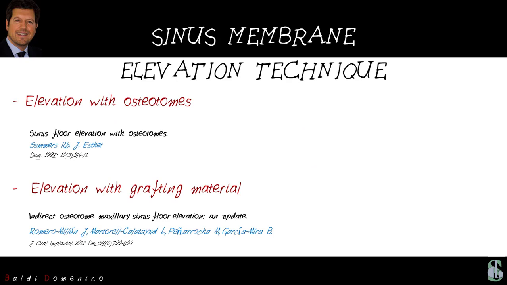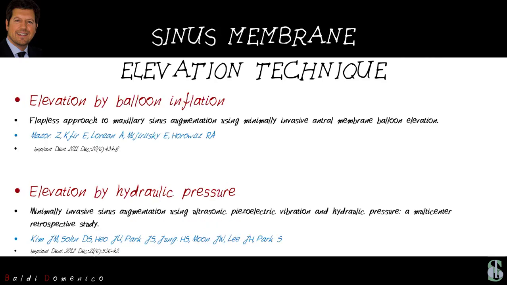We know that it's possible to make this elevation with the manual osteotome. We can do it also with grafting material, and we can also do it with balloon inflation and with hydraulic pressure. And we analyze all of them in order to understand the advantages and disadvantages of these instruments.